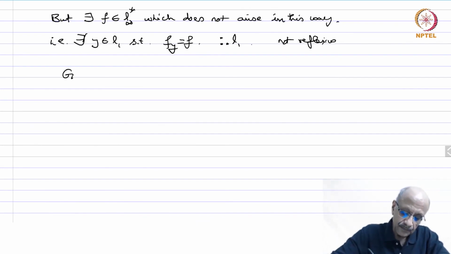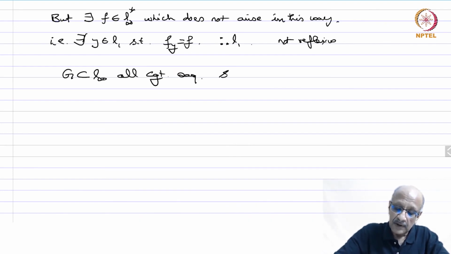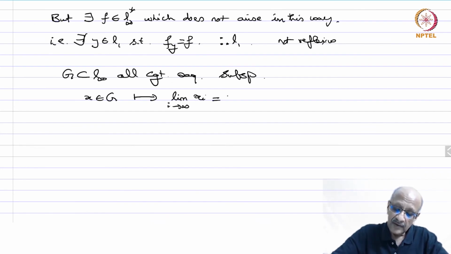G in L infinity, all convergent sequences. So this is a subspace. If x is in G, you map it to the limit of x_i as i tends to infinity, and call this f of x.